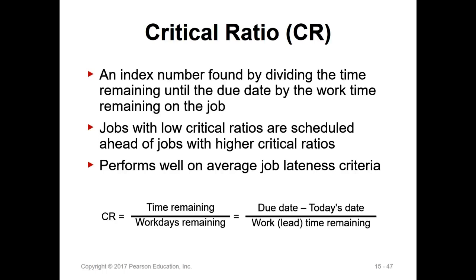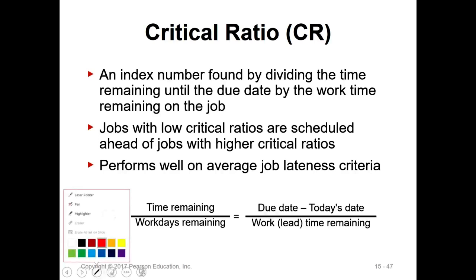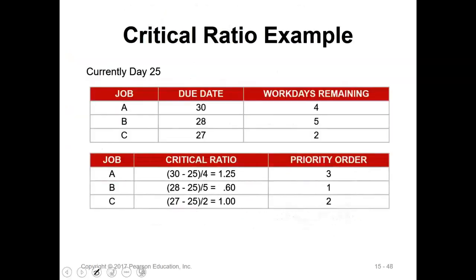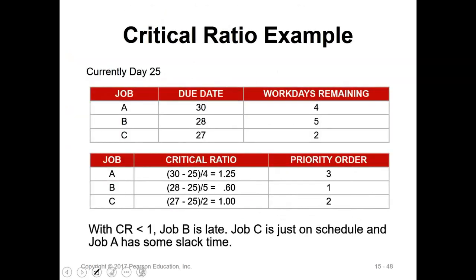But also you will divide or compare with how many work days remain to process. So in this formula, we use the due time, subtract today's date, and then divide by the work or lead time remaining, and we get the ratio. And if this ratio is larger than 1, that means your job is ahead of schedule.